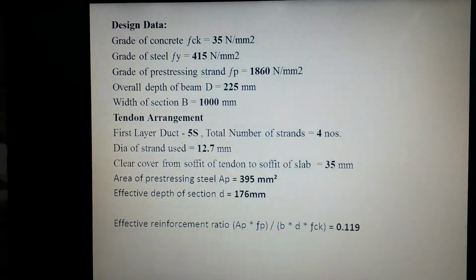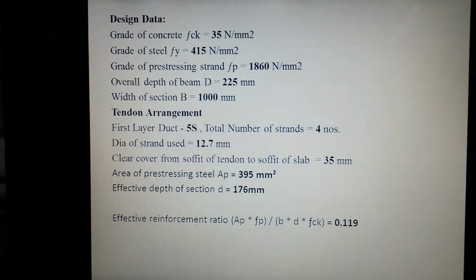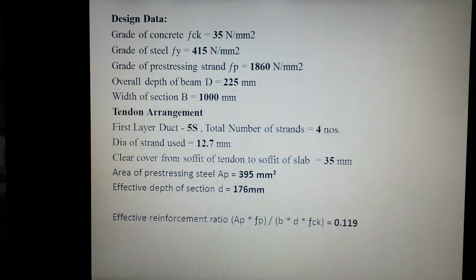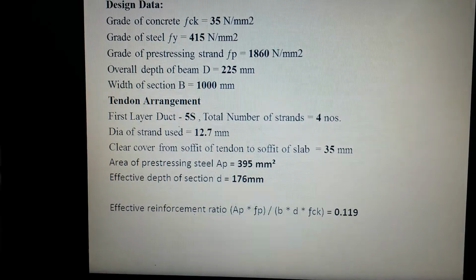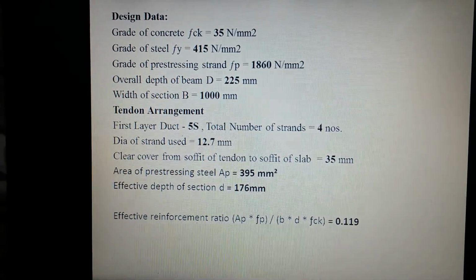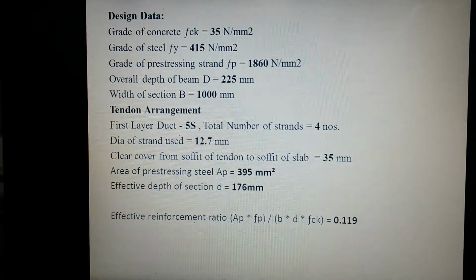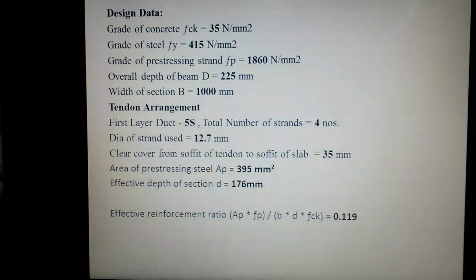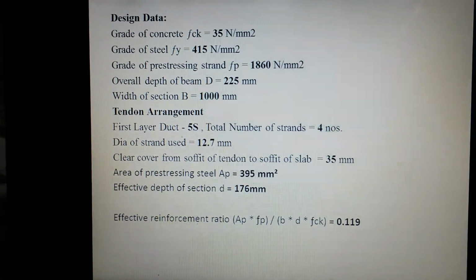And the tendon arrangement, we have provided 4 strands of 12.7 mm diameter, and the cover is 35 mm. So putting all these values in the above formulae, the area of pre-stressing steel is 395 mm², and the effective depth of the section is 176 mm.